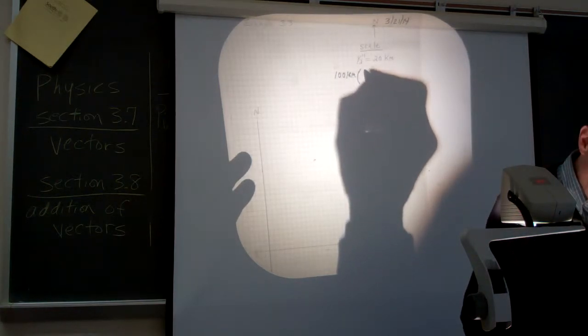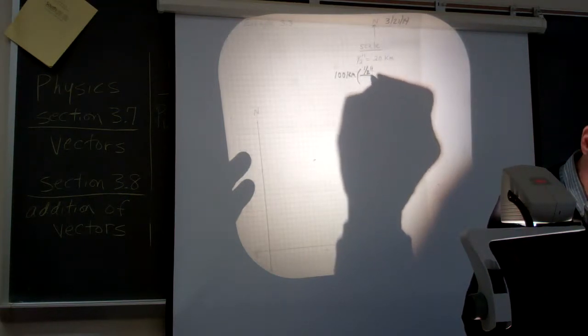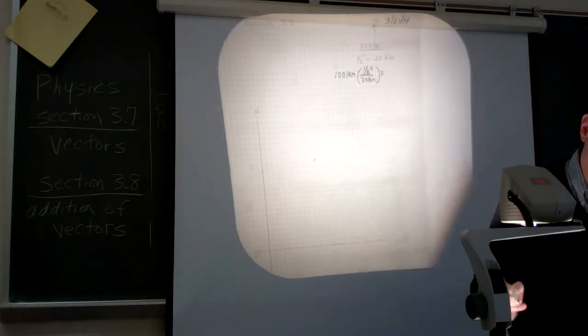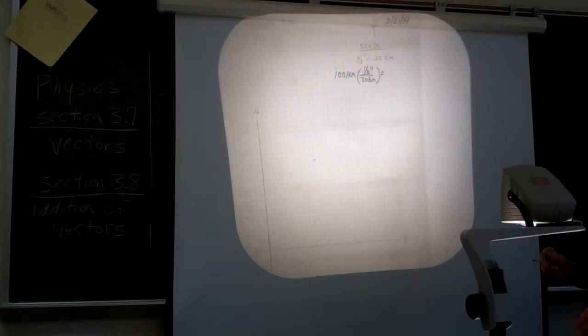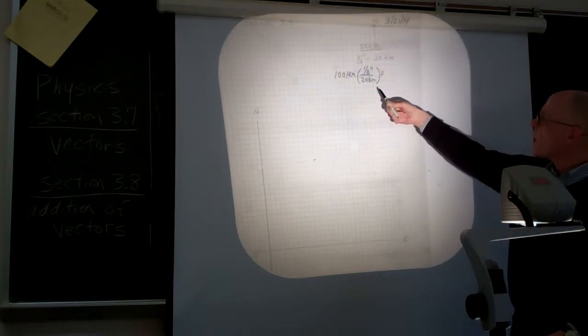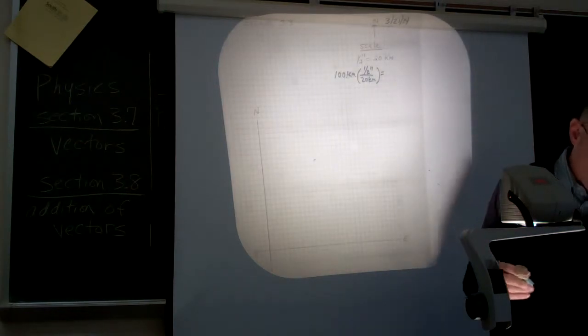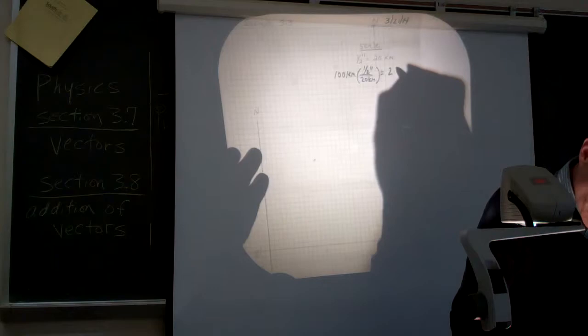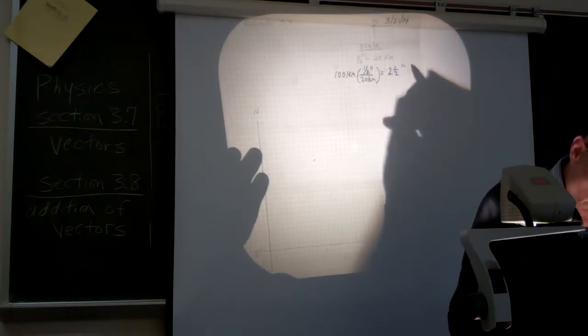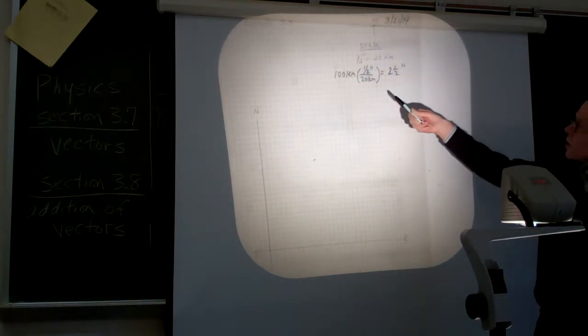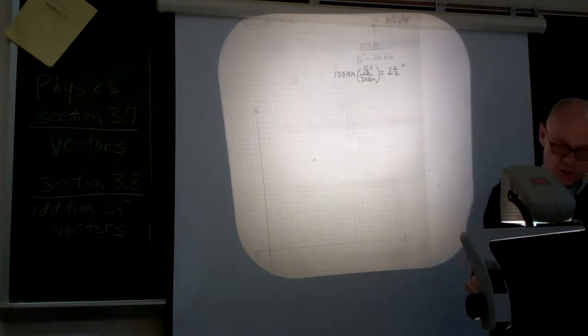I'm going to apply the scale of a half inch for every 20 kilometers, because I need to know how long to draw this line on the graph. So 100 divided by 20 is 5, 5 times a half is 2.5. So this is a conversion. I know the 100 kilometer line on this graph is 2.5 inches long.